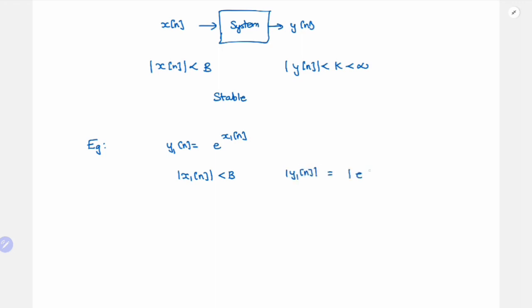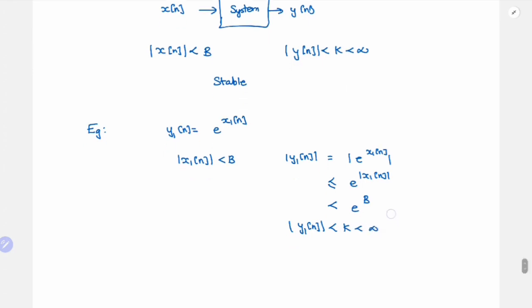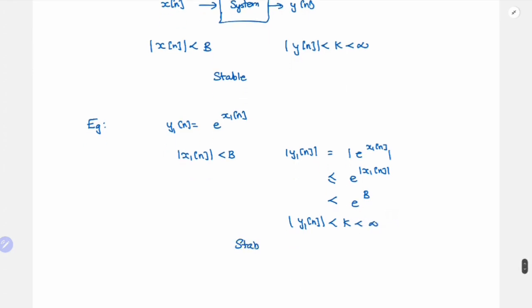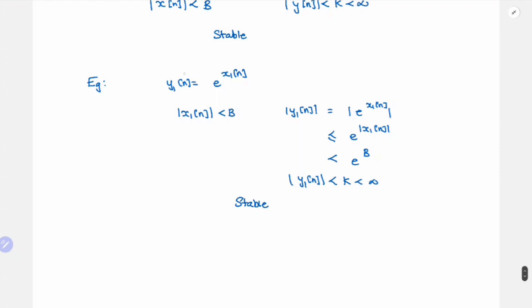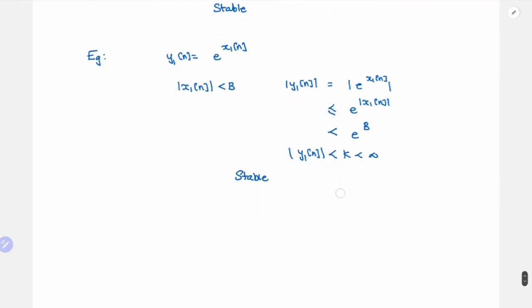It is equal to |e^(x1[n])|, which we can say should be less than or equal to e^|x1[n]|. And again, using this inequality, this will be less than e^B. So your y1[n] is also less than some K, less than infinity. So it is stable, right? This system is stable.